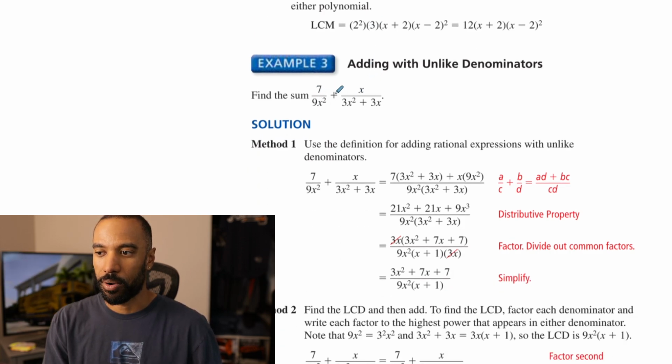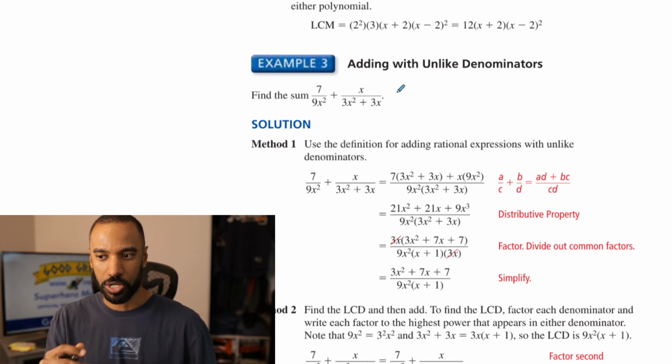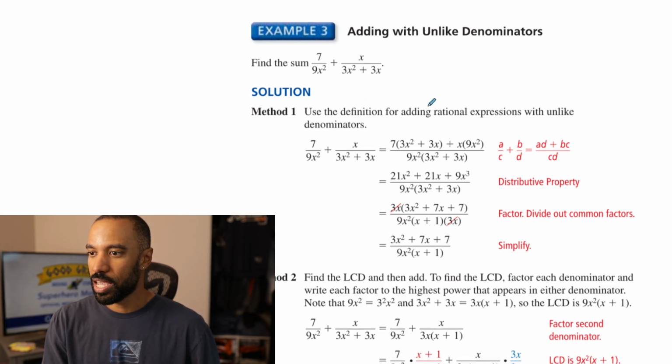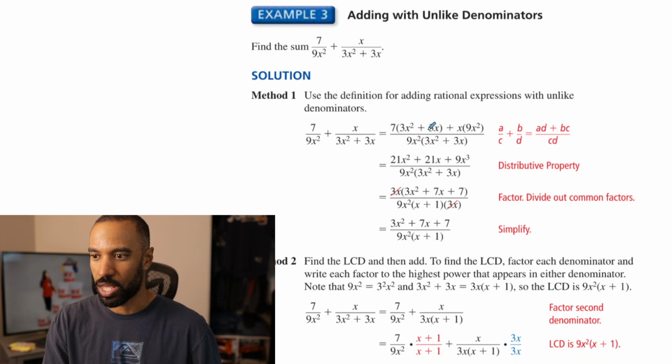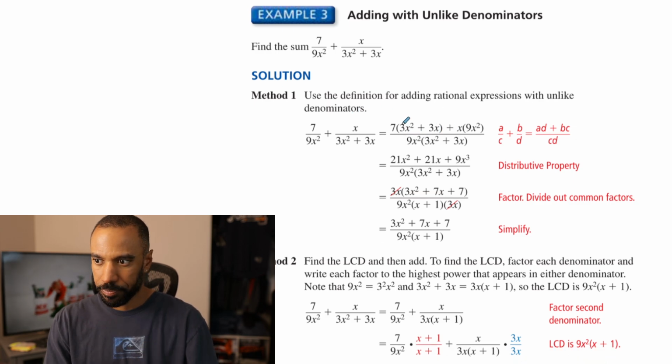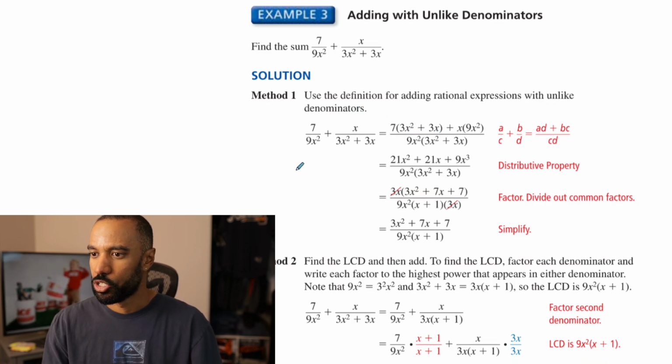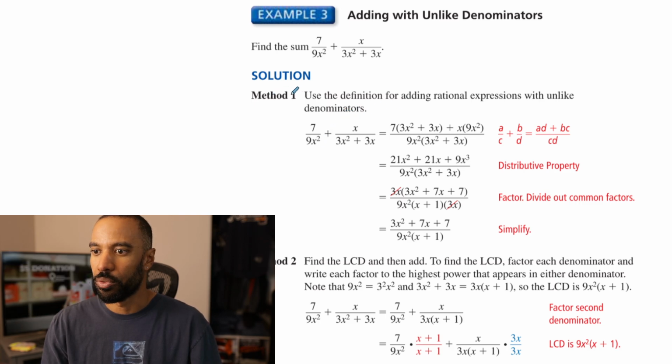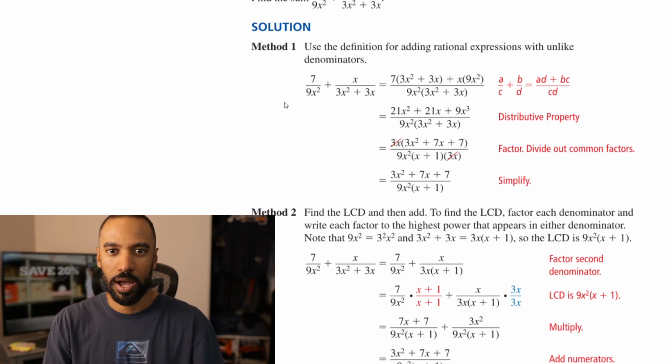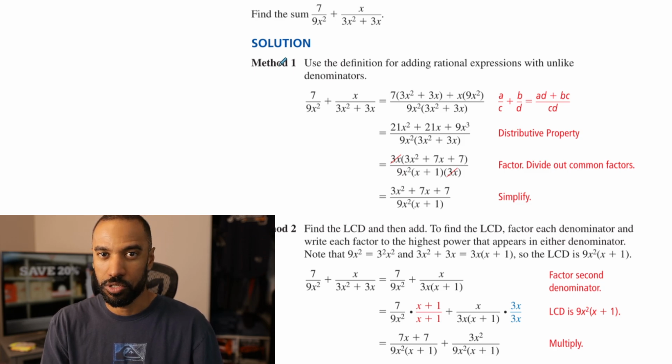So example 3, now we're going to find this sum. That means do a simplification of this. They say use the definition for adding rational expressions with unlike denominators. Interesting, there are two methods. Okay. So method 1, I'll tell you what, guys, I don't plan on using method 1.